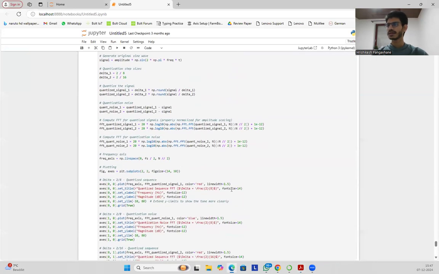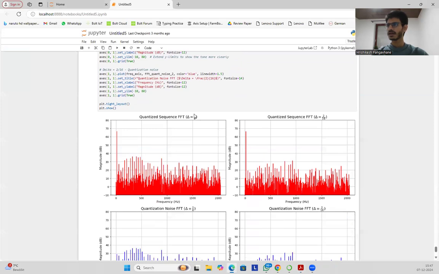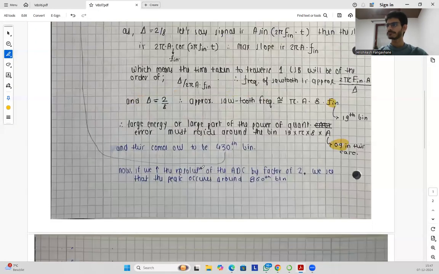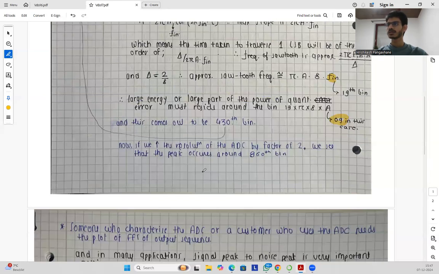So basically, this is the plot for the same. We have a 3-bit quantizer, and a 4-bit quantizer. We can see the bin which is a peak, somewhere around 430, 450, and this is the 19th bin where our signal lies. So what does it tell us?